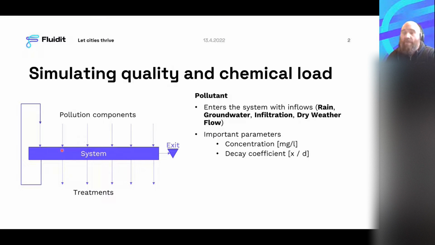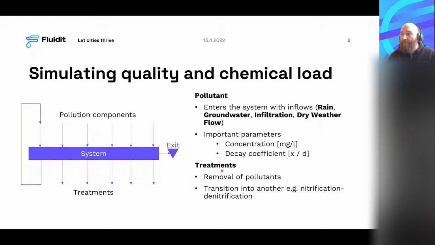The most important parameters for these pollutants are concentration and decay coefficient. For the treatments, they remove different pollutants according to the set functions. In my simple model, I will only model the inflow to the system and some decay coefficient. I'm not going into treatments in this short presentation.